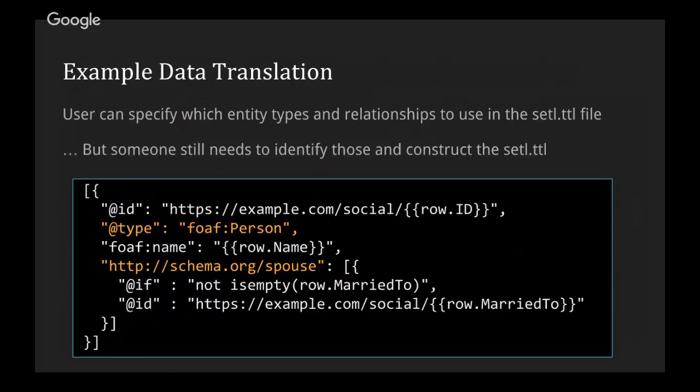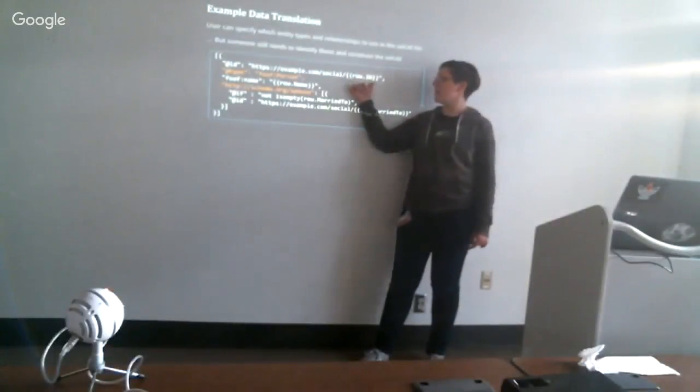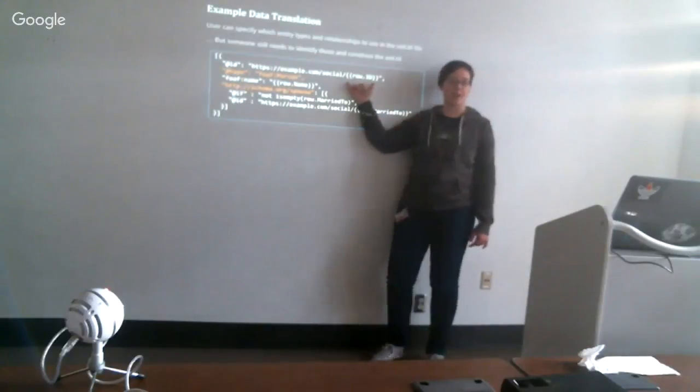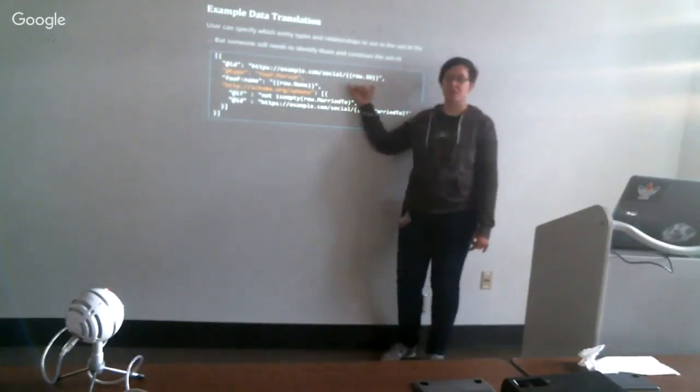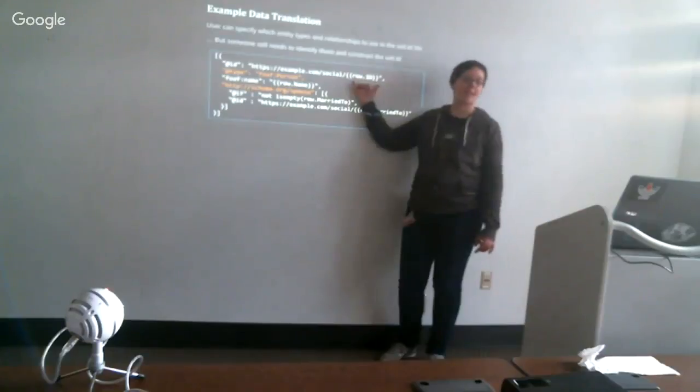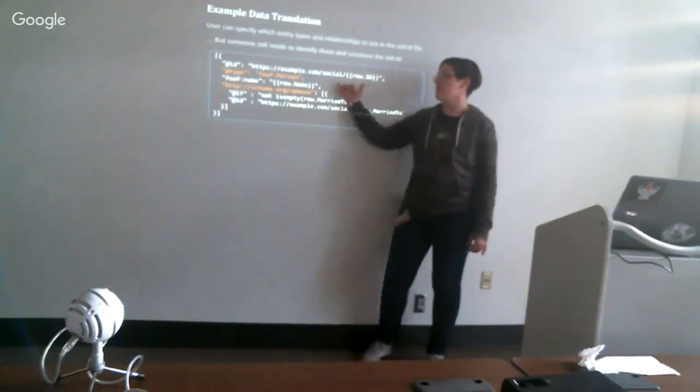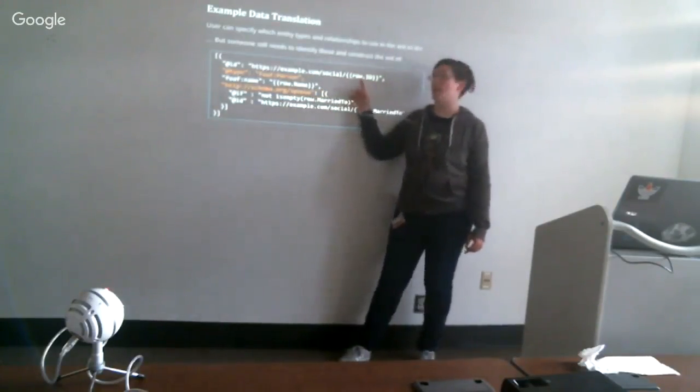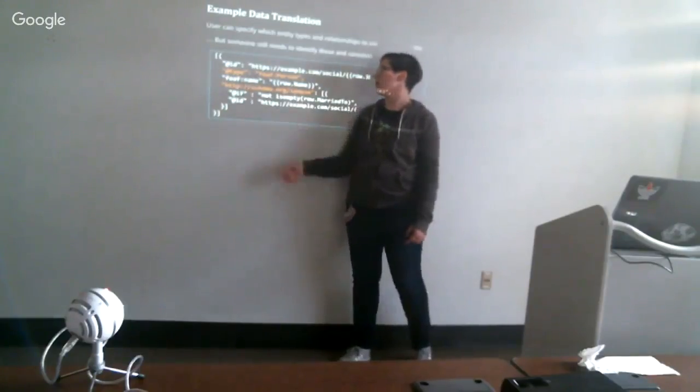But you can see that you can specify the types that you want. Like here, we're generating a URI. This is an example of a template variable where you're taking the row from the original source CSV file named ID, and plugging that into a URI to generate it. Then you can type it as a foaf:Person.